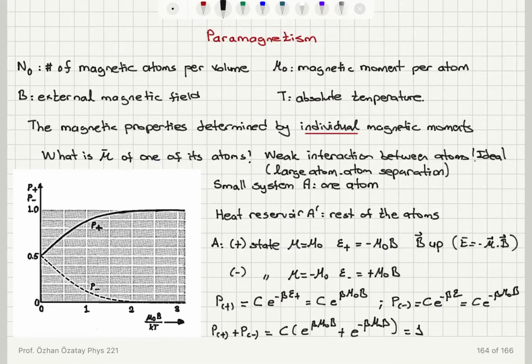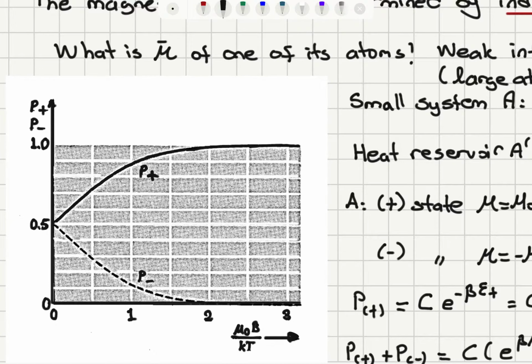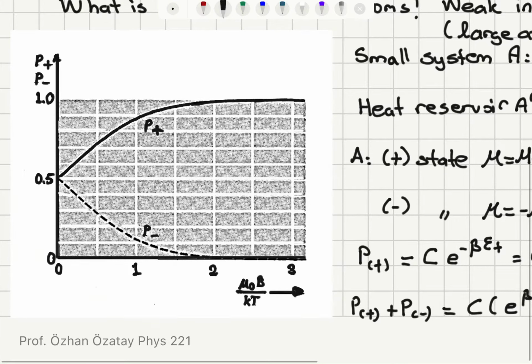So I can find this constant c as well. And here you can see how these probabilities vary with mu 0 B over kT, which is beta mu 0 B. Let me remind you that beta is 1 over kT. So for the rest of this discussion, I'm going to define beta mu 0 B, which is mu 0 B over kT, to be omega, and we can see that the probability varies as a function of omega.